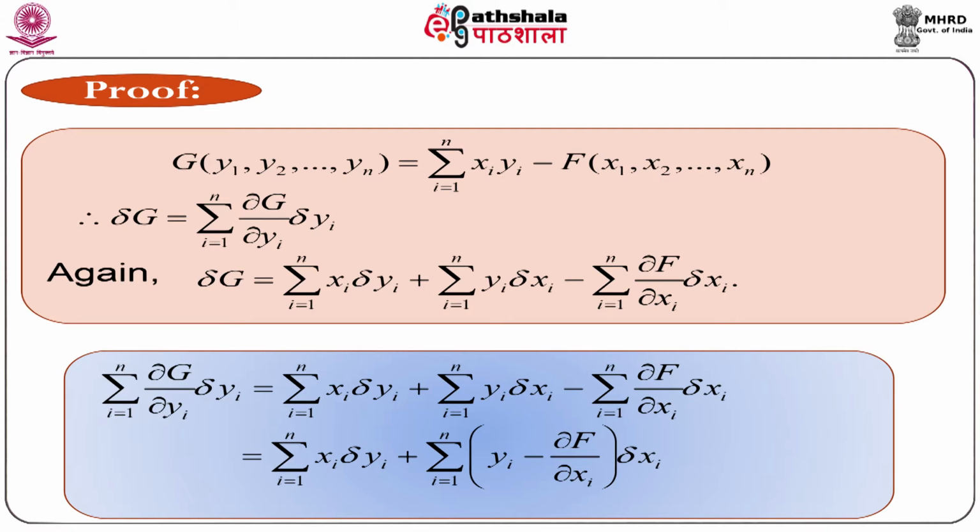Combining these, we get summation i equal to 1 to n del G del yi delta yi equals summation i equal to 1 to n xi into delta yi plus summation i equal to 1 to n yi minus del capital F del xi into delta xi.